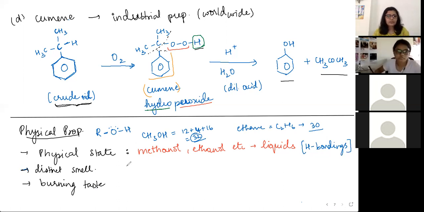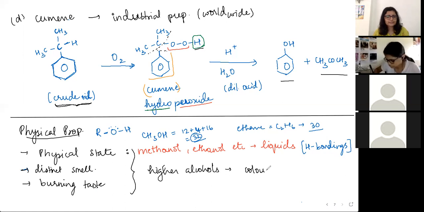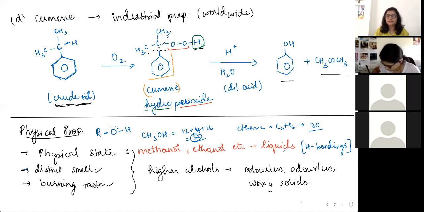The higher alcohols, I'll just write it over here. When it comes to the higher alcohols, they are colorless, odorless, waxy solids. So the lower alcohols have a distinct smell, distinct taste, and they are liquids due to heavy hydrogen bonding.